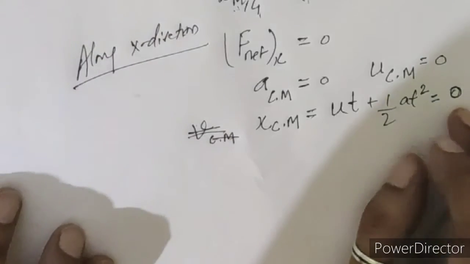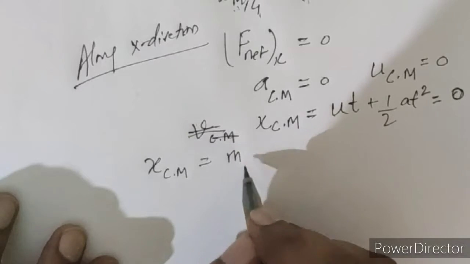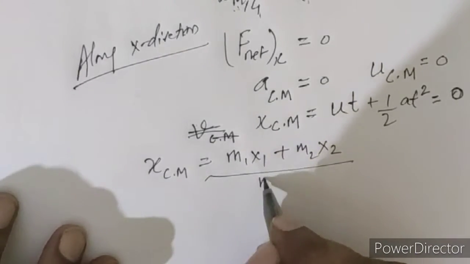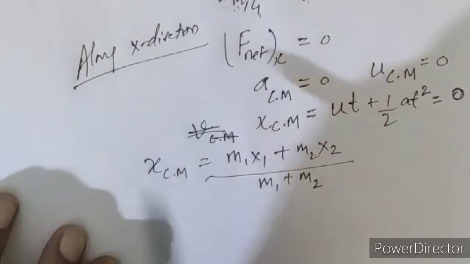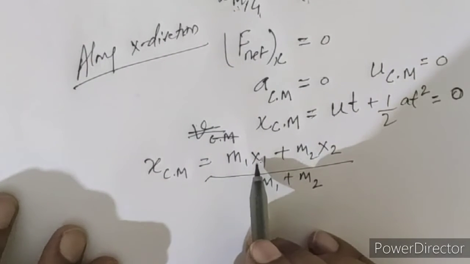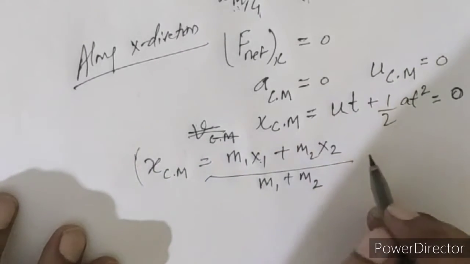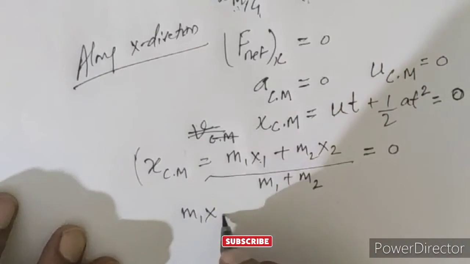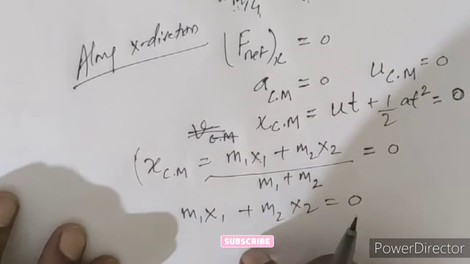Now we know that the center of mass of any system is calculated by the formula m1 x1 plus m2 x2 divided by m1 plus m2, where m1 is m and m2 is 10m, x1 is the position of m with respect to ground, and x2 is the position of 10m with respect to ground. Since our center of mass is 0, m1 x1 plus m2 x2 equals 0.